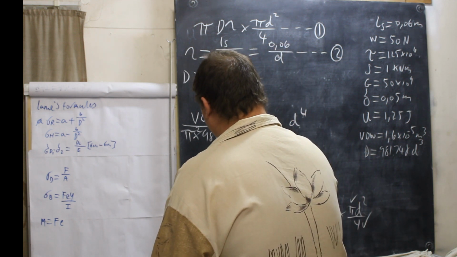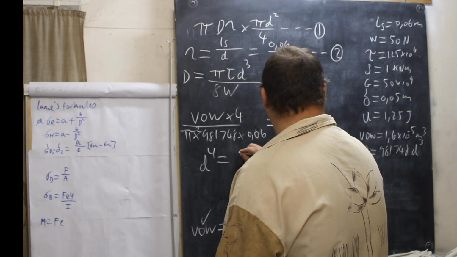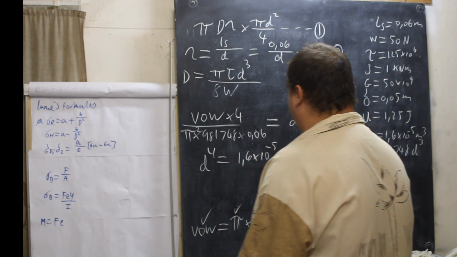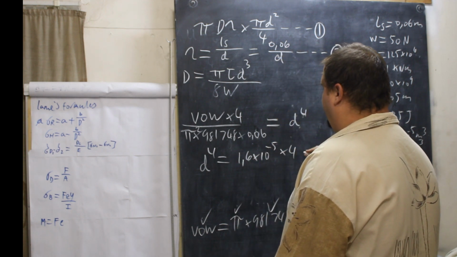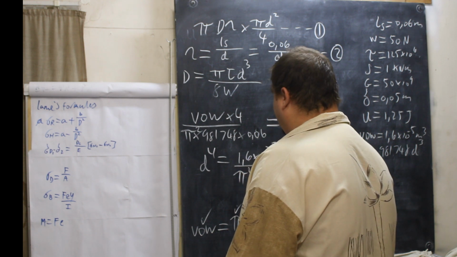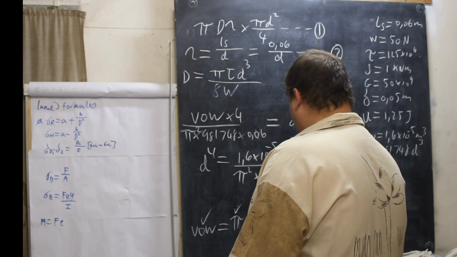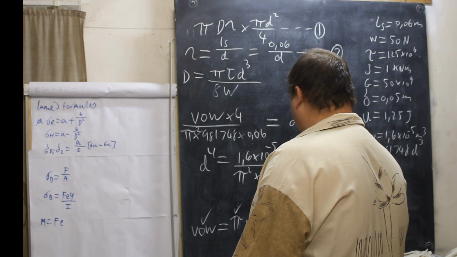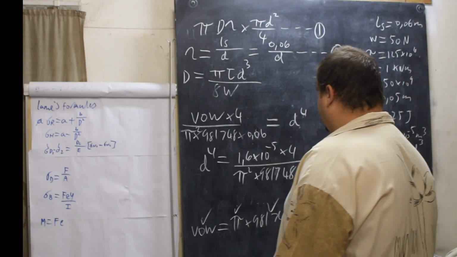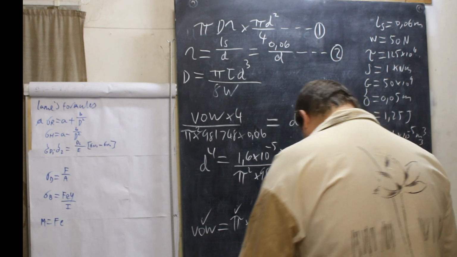So, d to the power 4 is equal to 1,6 times 10 to the minus 5 times 4 divided by pi squared times 981,748 times 0,06.